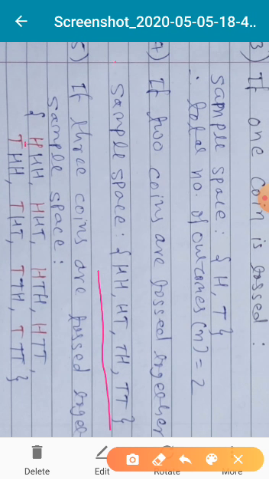It is written in the first line and the second line also, meaning it is written twice. But in the first line H is applied as a prefix and in the second line T is applied. So the total outcomes we obtain are 8. This is how you remember the 8 outcomes: first write the 2-coin outcomes 2 times, then apply H as a prefix to the first 4 outcomes and T to the last 4 outcomes. This way you can write down or remember the 8 outcomes for 3 coins.